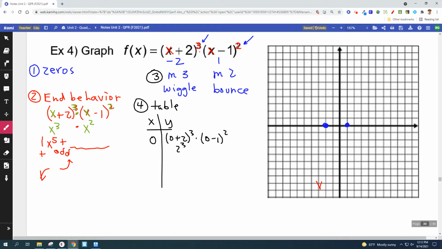That's going to be 2 cubed, which is 8. That's going to be negative 1 squared, which is 1. 8 times 1 is 8. You've got 0, 8. Right there, 0, 8. And I don't know, we can plug in other stuff, but let's plug in negative 1.